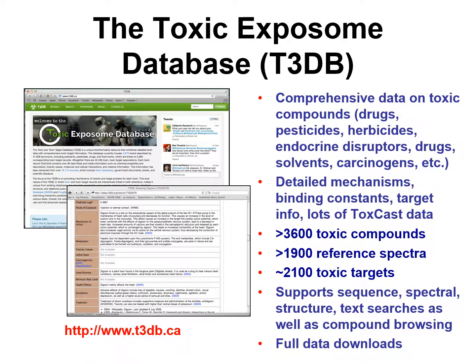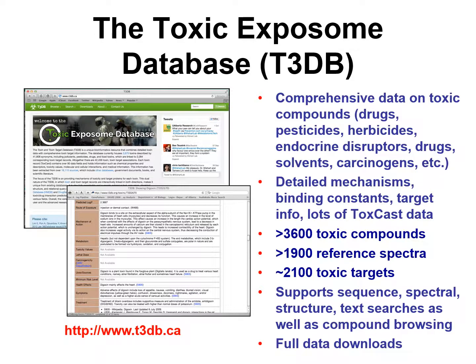Another database that we've maintained is the Toxic Exposome database. This is to help with exposure studies, and it's to collect information about things like pesticides and herbicides and other additives, solvents, carcinogens, drugs that are known to be toxic. Information that we've gathered from the ToxCast studies by the EPA.